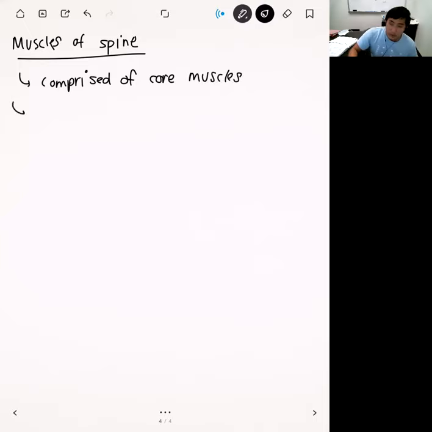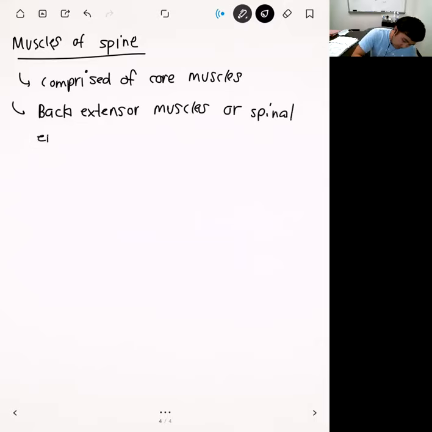But there's one muscle in particular that's of prime interest in the back, and that's the back extensor muscles. Another name you'll hear for them is your spinal erector muscles. These are the muscles in your lower back that are responsible for basically straightening out your back.